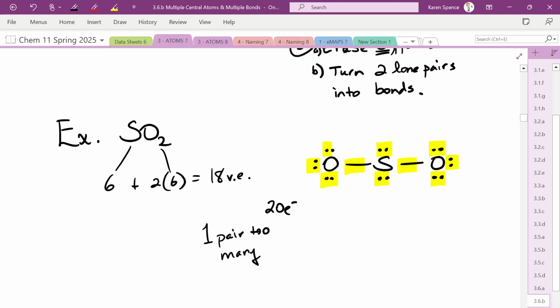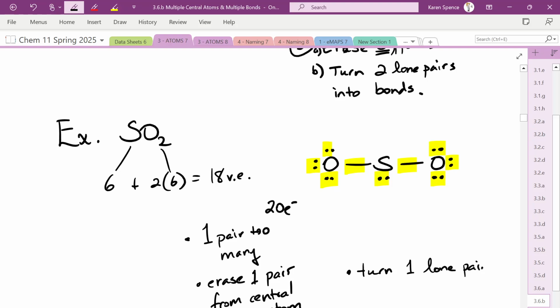So we erase one pair, and we don't just erase one pair from anywhere, we erase it from the central atom. Okay, so here's our central atom. And that means we need to turn one lone pair into a bond to help sulfur get 8 electrons.